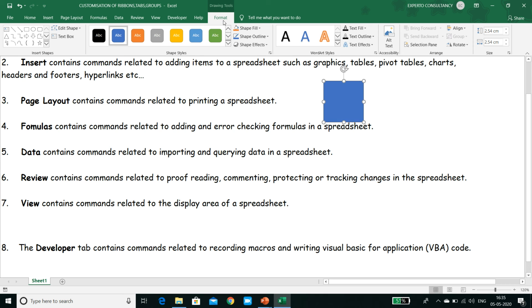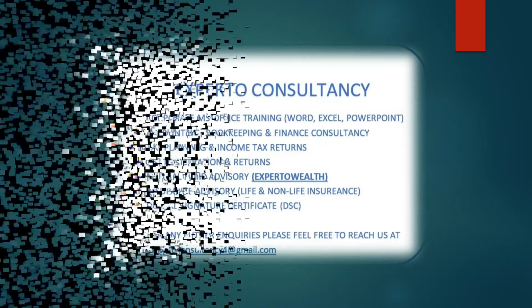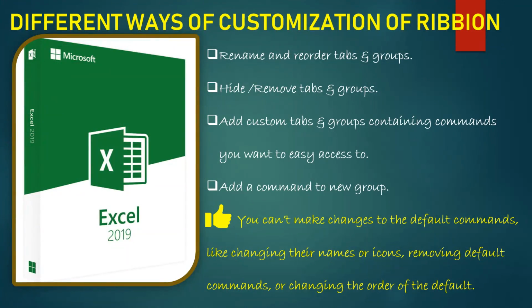Customizing the ribbon is great for creating a personalized menu of your most frequently used commands. You can customize your ribbon in different ways. Let's see that. You can rename and reorder tabs and groups. You can hide or remove tabs and groups. You can add custom tabs and groups containing commands you want easy access to.